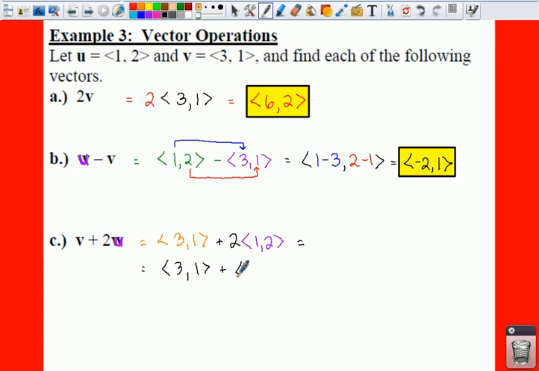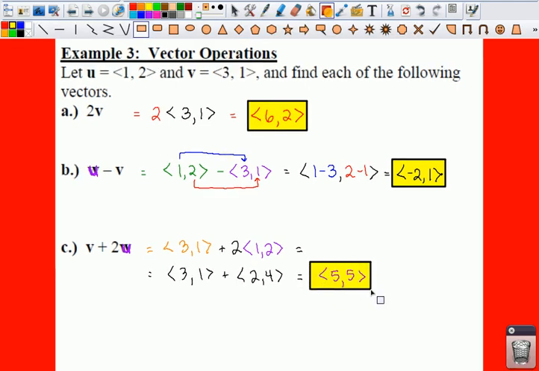And then we're going to have our 1, 2, but we multiply those by 2. So you have to multiply first before you add these, just like in Please Excuse My Dear Aunt Sally. So if we add these together finally, you're going to end up getting 3 plus 2 is your horizontal component. 1 plus 4 is your vertical component. So in that case, we multiplied and added single-digit numbers.